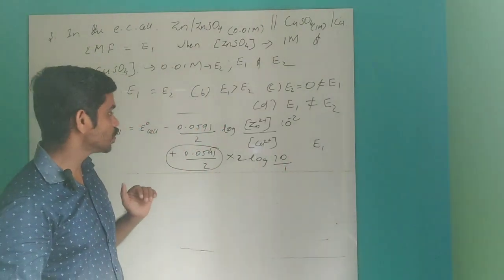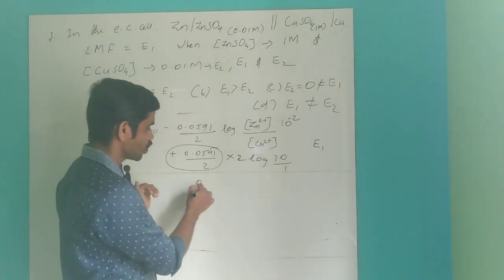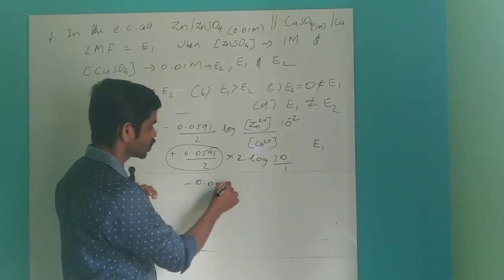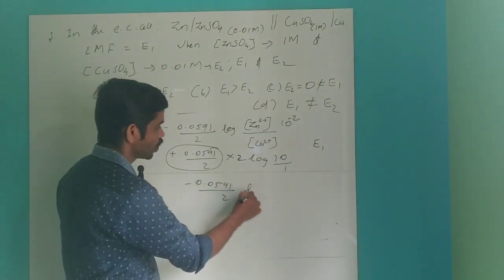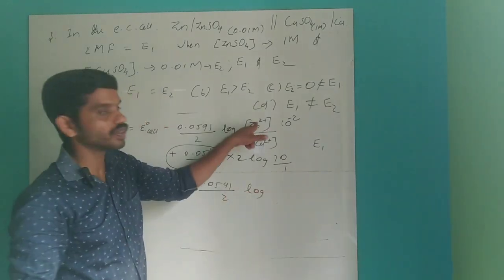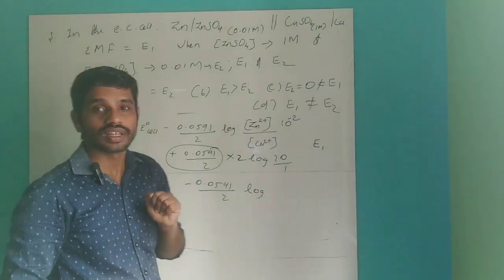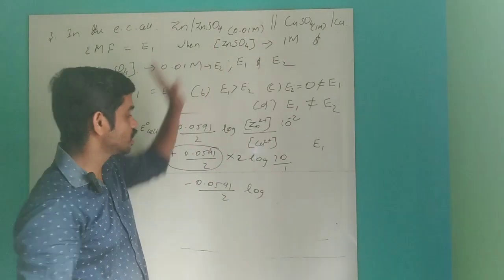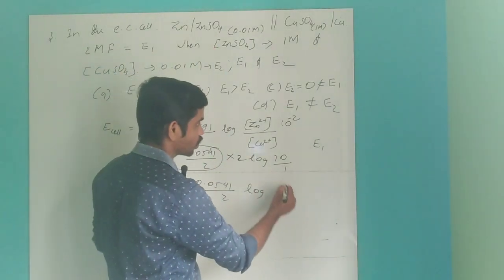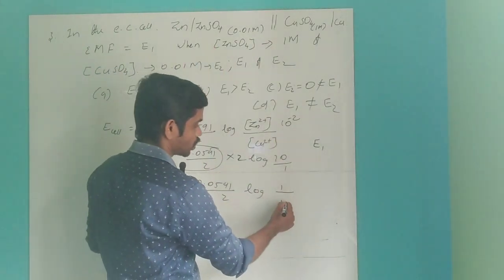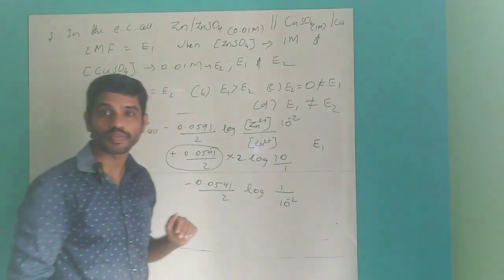So see what will happen to E2. E0 cell minus 0.0591 by 2 log of Zn2+ over Cu2+. In the second case, the Zn2+ concentration is increasing to 1 and Cu2+ is decreasing to 10 power minus 2.